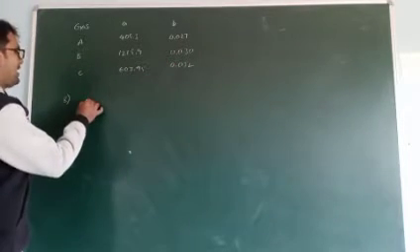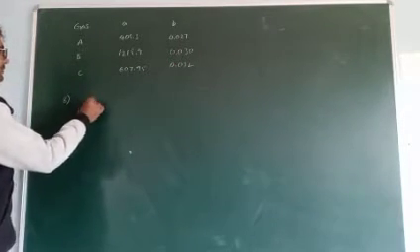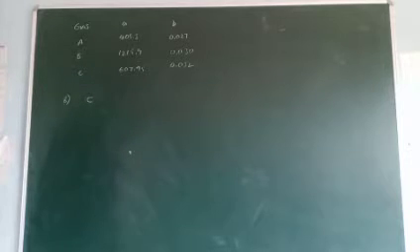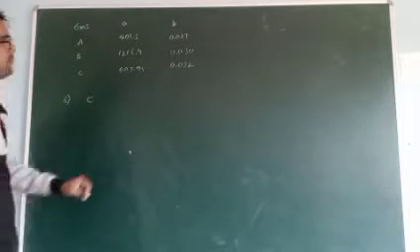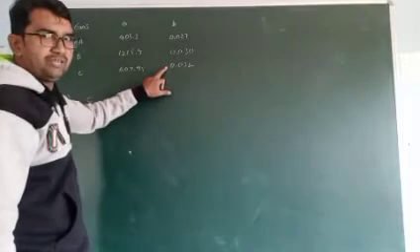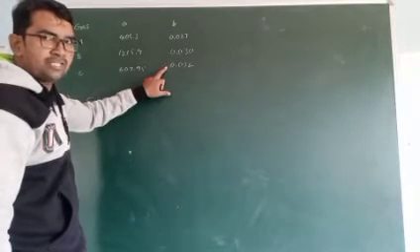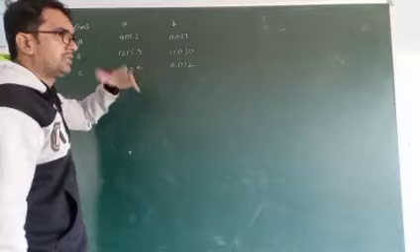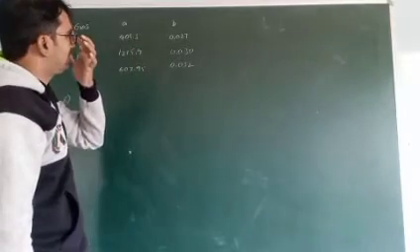So for the 8th one, the answer is C, because the largest molecular volume depends upon B. If the B value increases, compressibility also increases, meaning the molecular volume also increases.